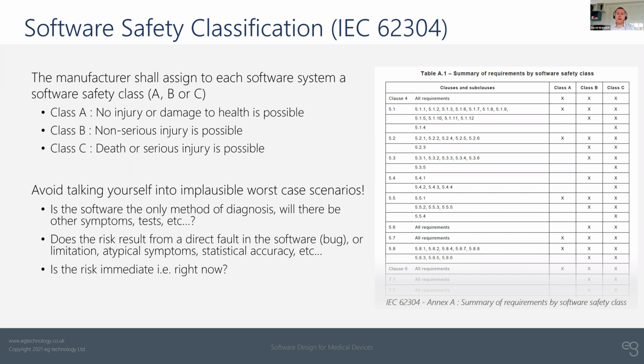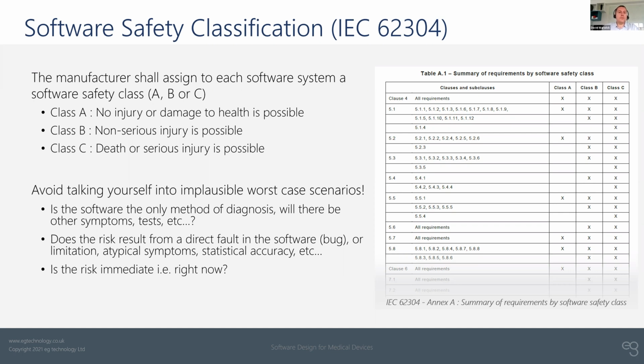If the software fails on that occasion, can you reboot the system and run the test again? Or are there other diagnostic tests that are used to support what the software is doing? To what extent is a clinician's professional judgment and their experience used as part of the process?